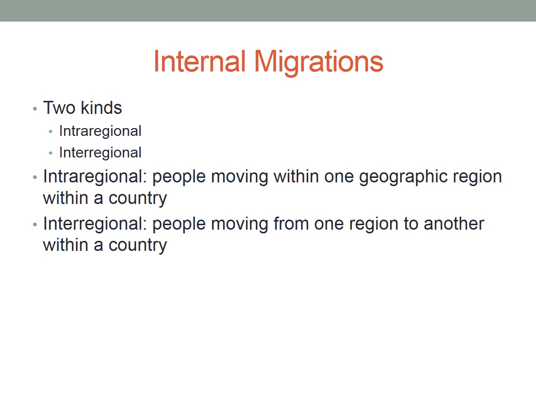Now, if we wanted to stretch this a little bit and talk about more than just internal migrations, interregional could also be international if the overall culture is maintained. So now we start incorporating a little bit of culture, and we start looking at, okay, if you are moving from Saudi Arabia to Jordan, that could technically be classified as an interregional migration.